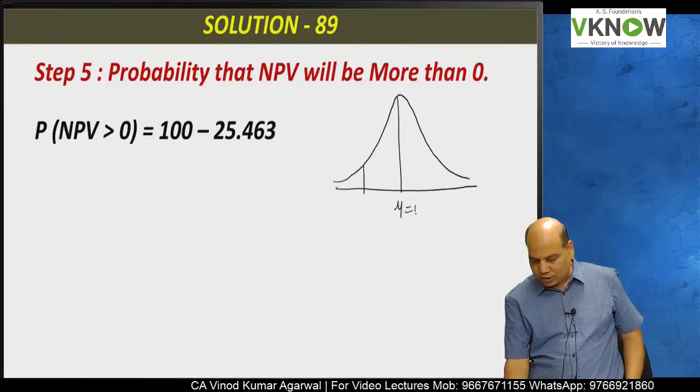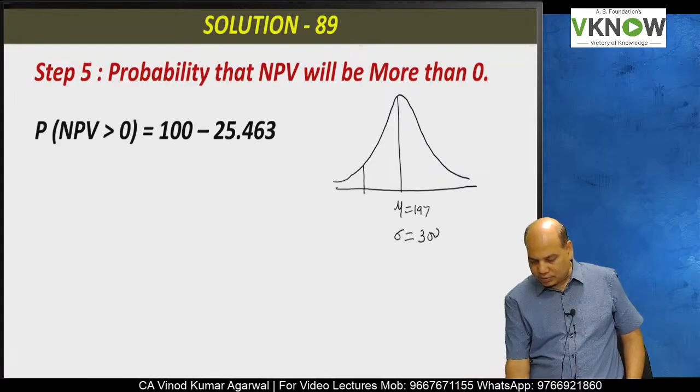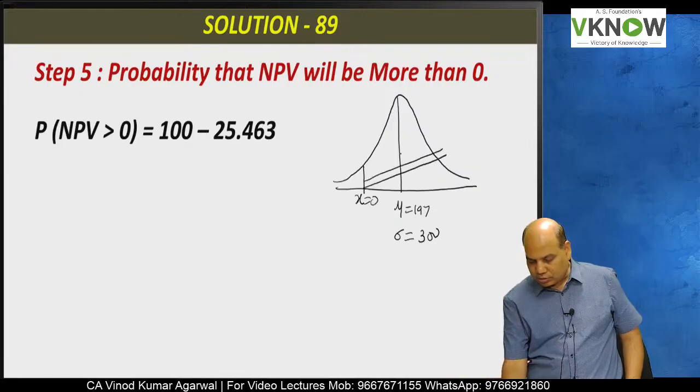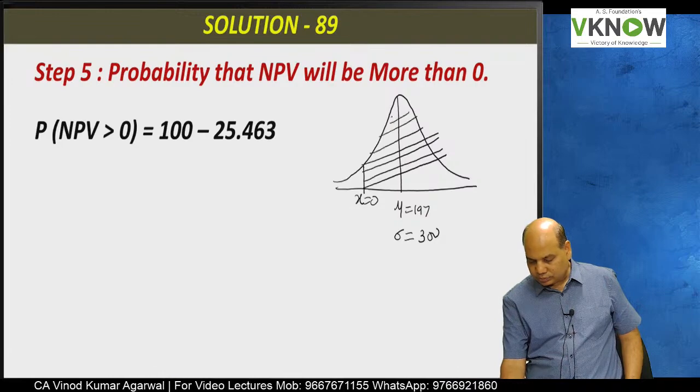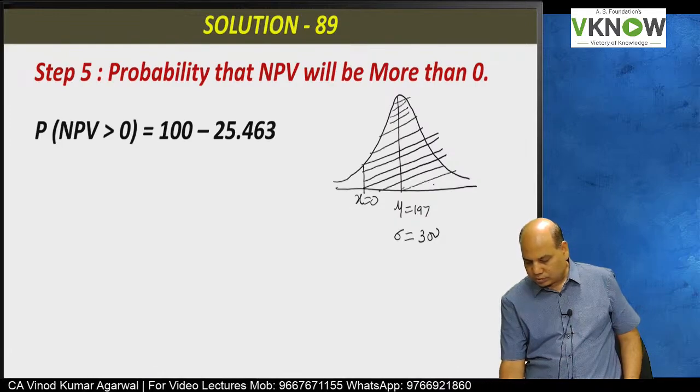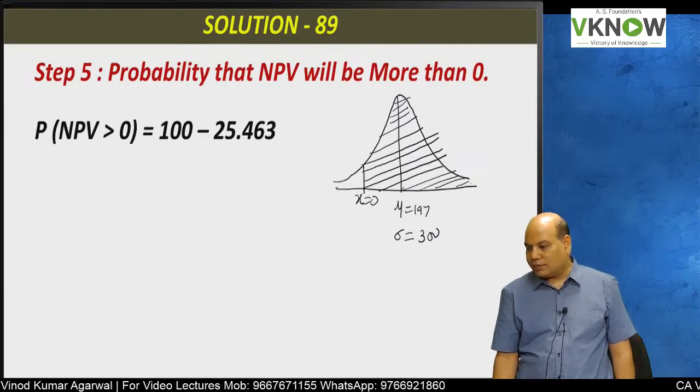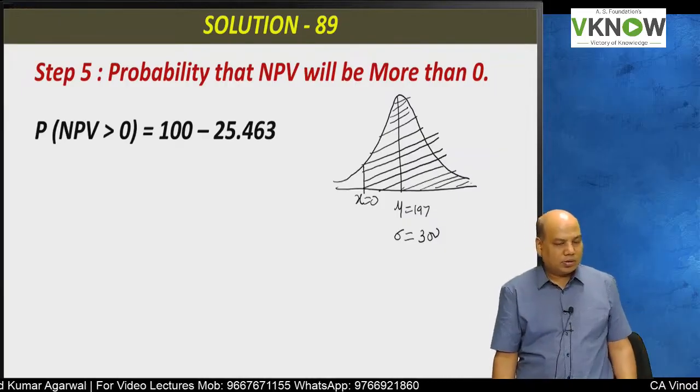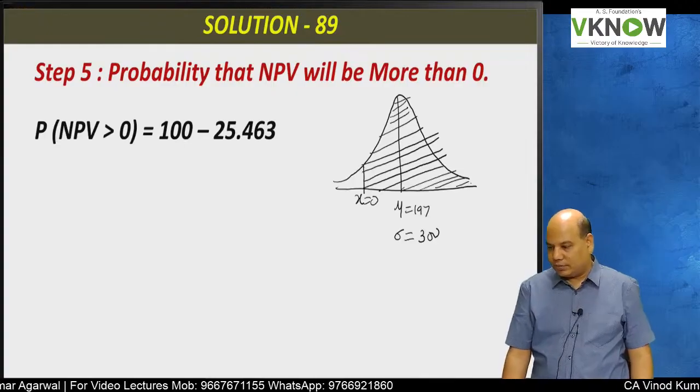We have mean here 197. We have standard deviation 300. X is 0. We want more than 0. This is the area for which I am trying to find probability.